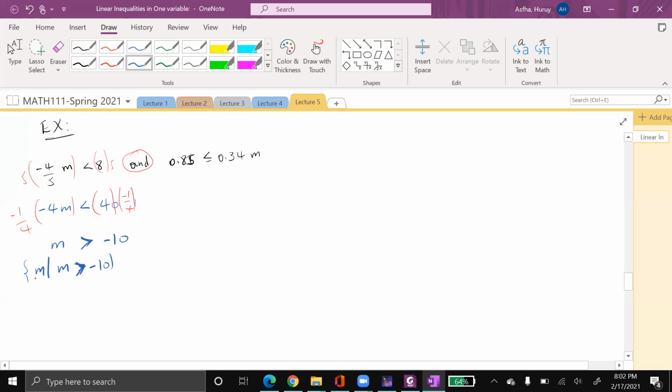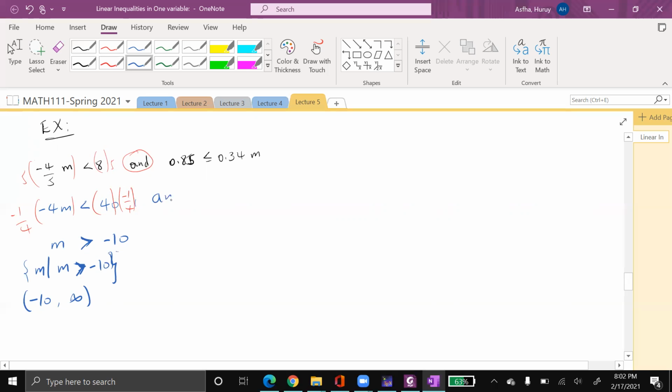This means all real numbers which are greater than negative 10. That's what it means. And the interval notation of this one is m greater than negative 10, so it means from negative 10 on the left side all the way to positive infinity. So I will put negative 10 here, with a parenthesis because I don't have the equality sign, and then we have the infinity.